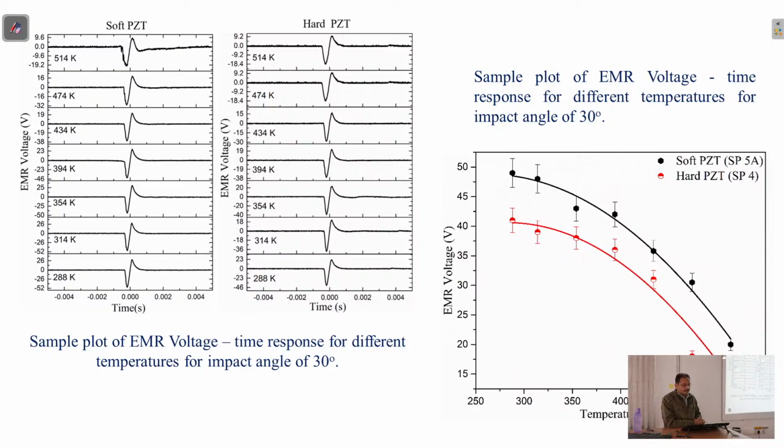This shows the variation. These are just sample plots of the signals obtained, and here you have the EMR voltage versus temperature. Temperature is in Kelvin here. The first value could be considered for room temperature.